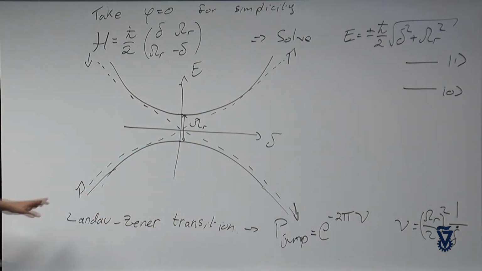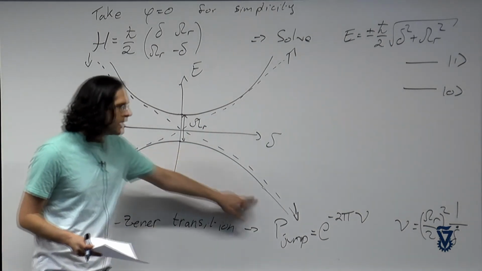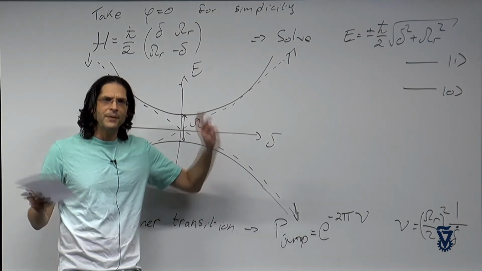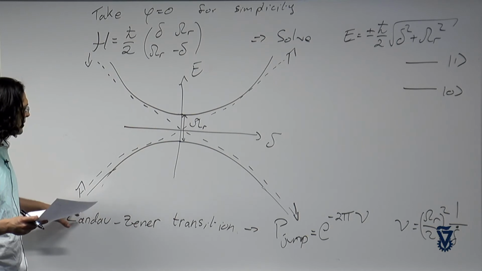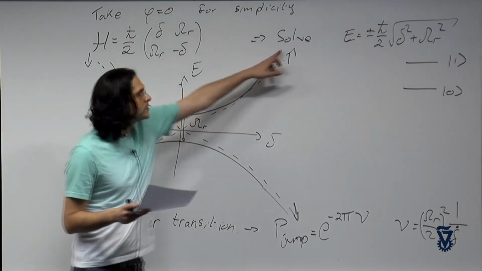So if you go really, really slowly, you're just going to stay here. This is the rapid adiabatic passage. And if you go fast, you're just going to stay over here.